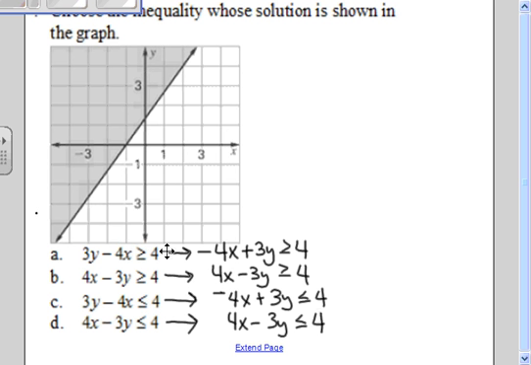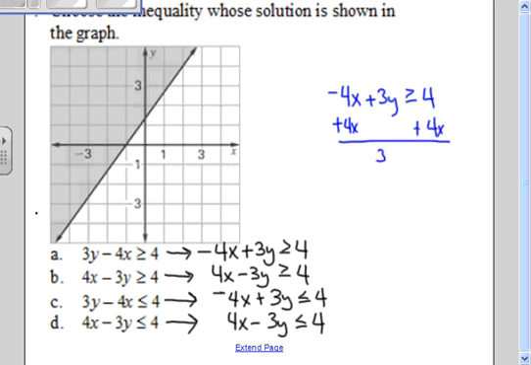So looking at these, what I'm going to need to do is isolate y in each of those. It's going to be kind of a slightly long process, but it's not that big a deal. I'm just going to start with A. Negative 4x plus 3y is greater than or equal to 4. You're trying to isolate y, so the first thing is you're going to add 4x to both sides.